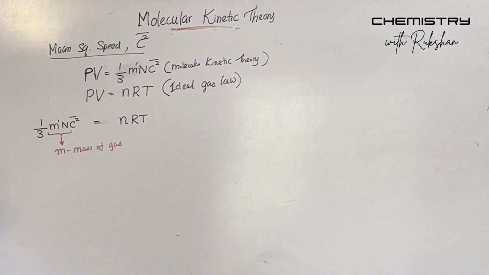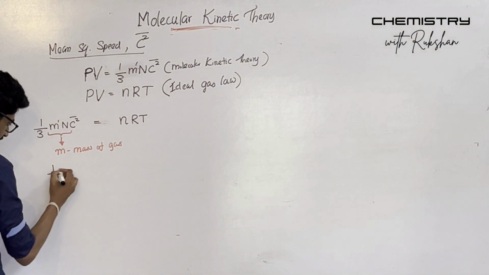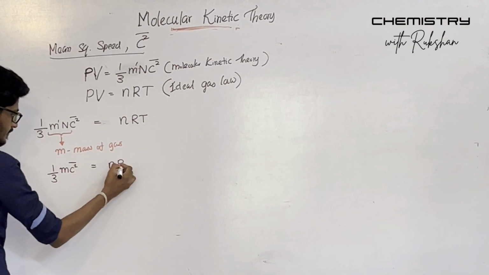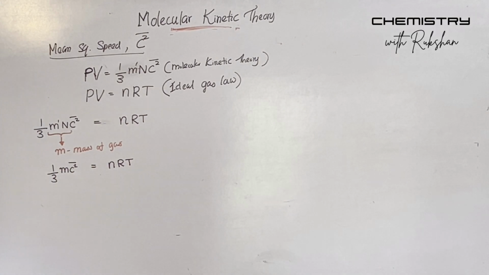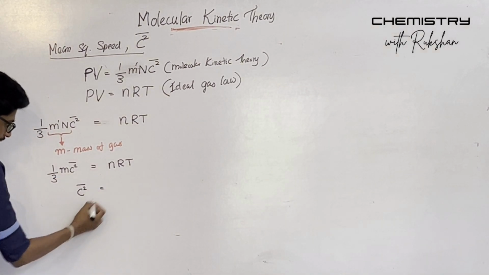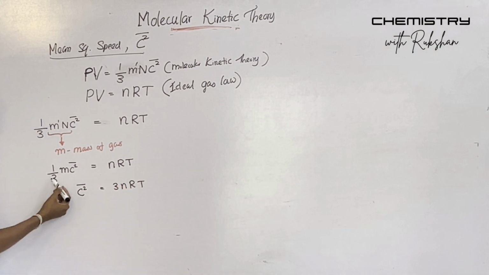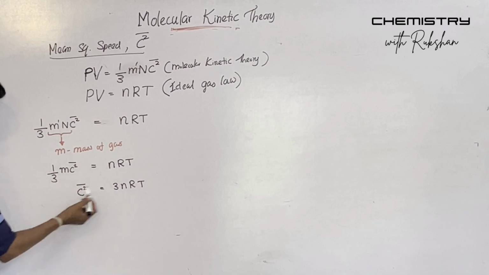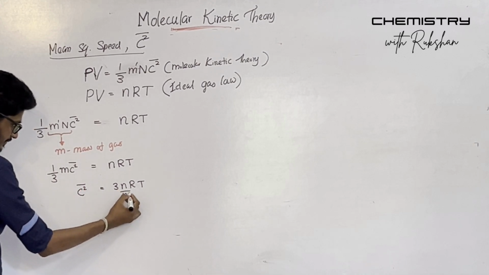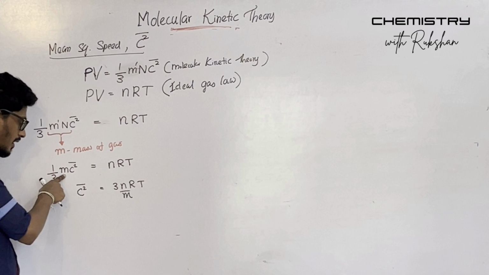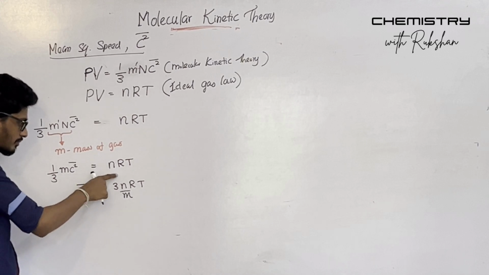So we can simplify this equation as 1/3 m c squared bar equals nRT. If we make c squared bar the subject, we get 3nRT, with the m written at the bottom of the n.